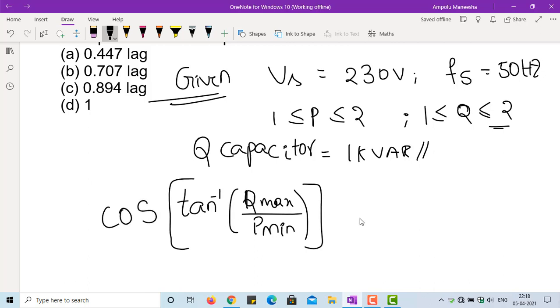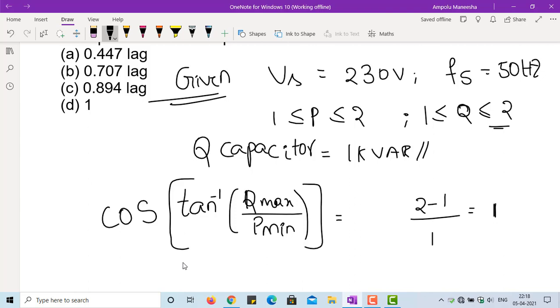So Q max means how much? Q max is 2. But the capacitor is supplying 1 kVAr, right? So 2 minus 1 by P min, which is 1. That is 1.